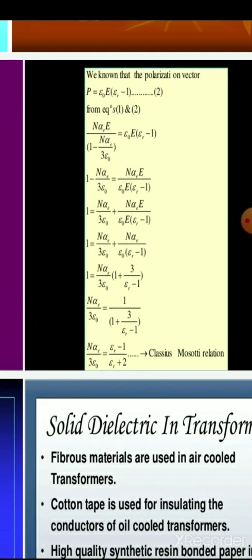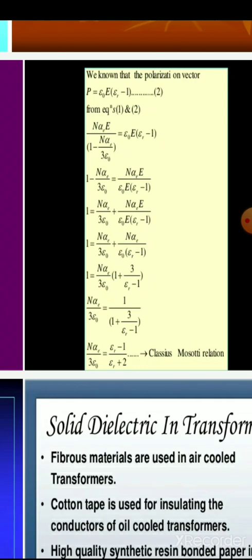Now 1 minus N alpha E by 3 epsilon naught equals N alpha E capital E by epsilon naught E into epsilon r minus 1. That 1 minus N alpha E by 3 epsilon naught is taken to the right hand side, and epsilon naught E into epsilon r minus 1 is taken to the LHS side.